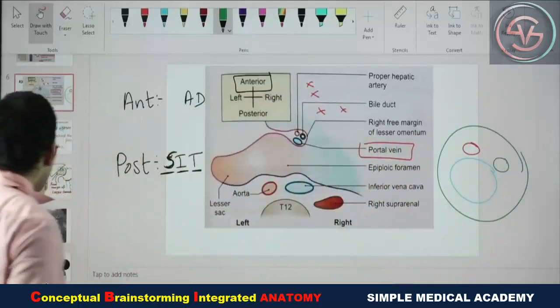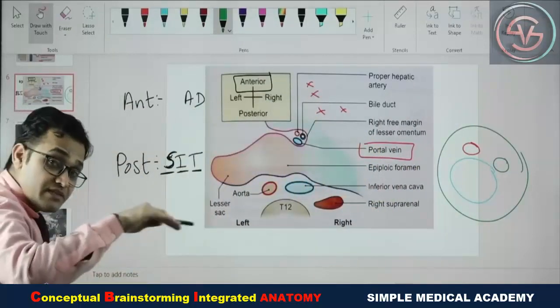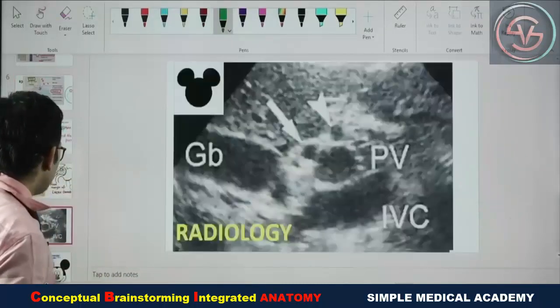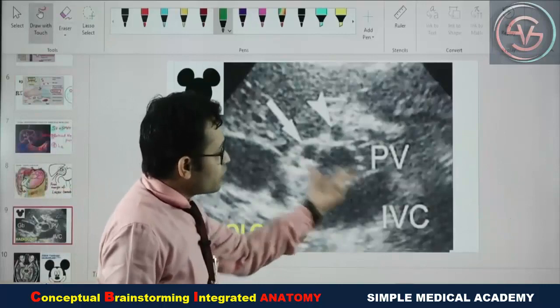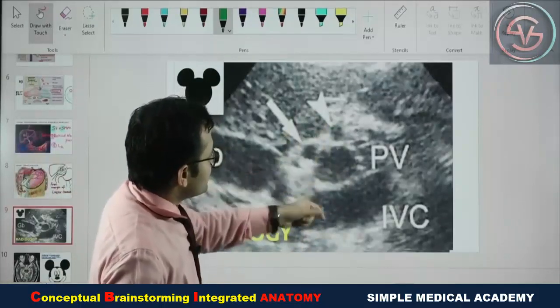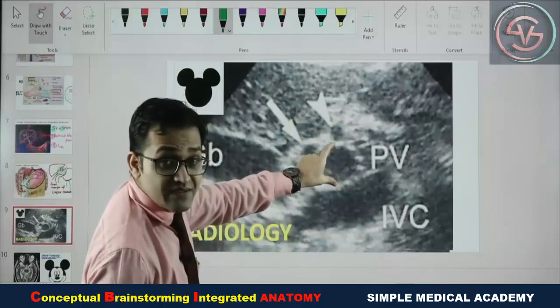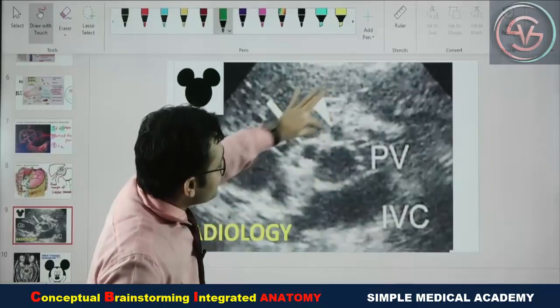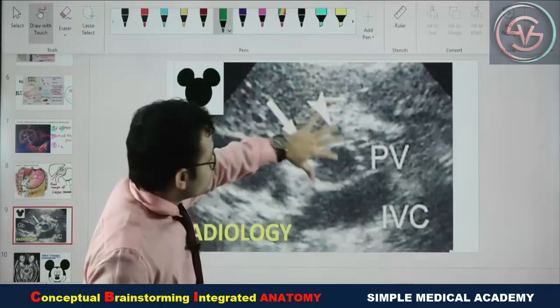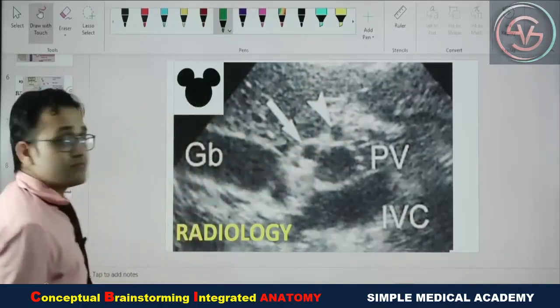Now correlate this medicine, pathology and anatomy topic with your radiology. During radiological examination like ultrasonography, when you see this image, the portal vein is dilated, while the bile duct and the hepatic arteries are normal in size. So it is mimicking like this.